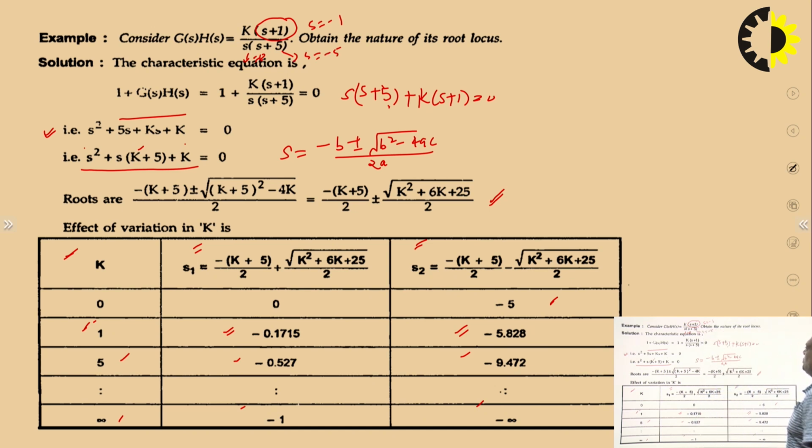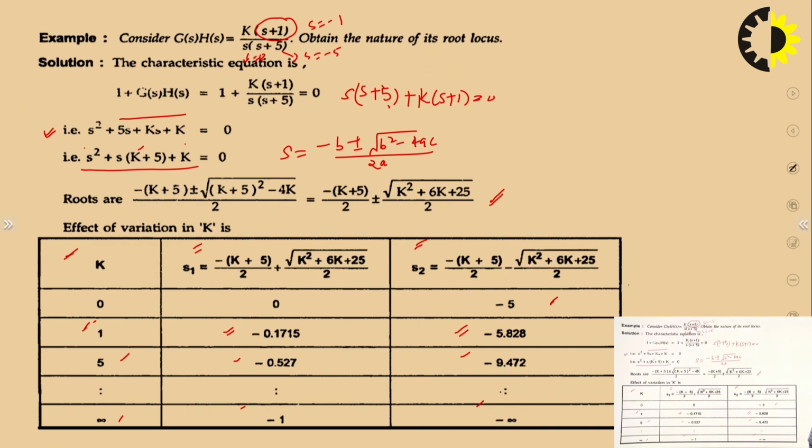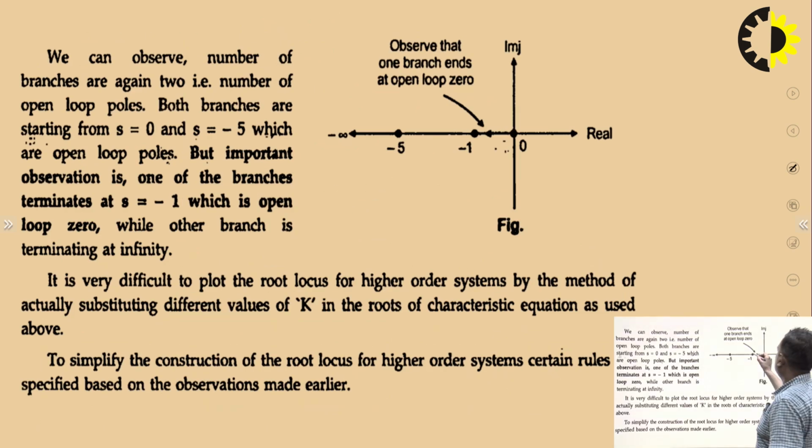So when you draw it, at s equals minus 1 there is one zero. So this is your zero, one is a pole, another one is a pole. Okay.